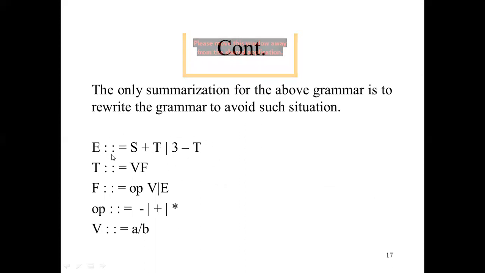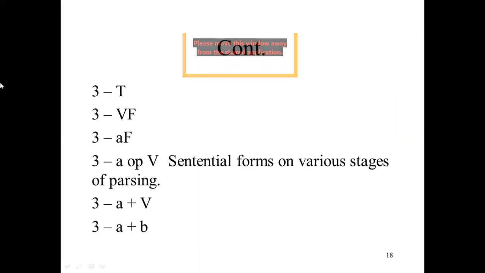We write it this way: E produces S plus T or 3 minus T; T produces V F; F produces OP V or E; the operator may be minus, plus, or star; and V is equal to A or B. There is a need to change the grammar in this way so that we can achieve the proper output.